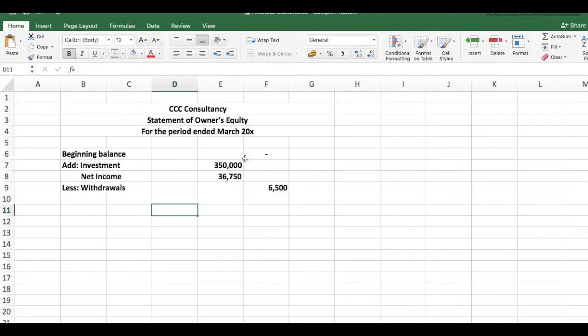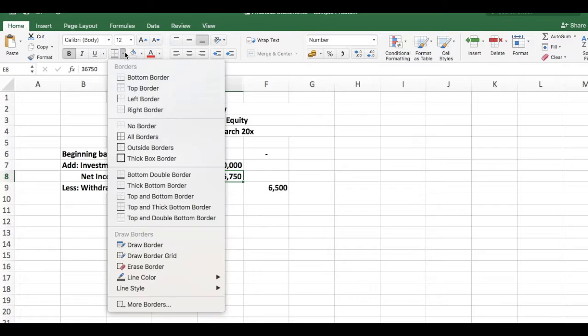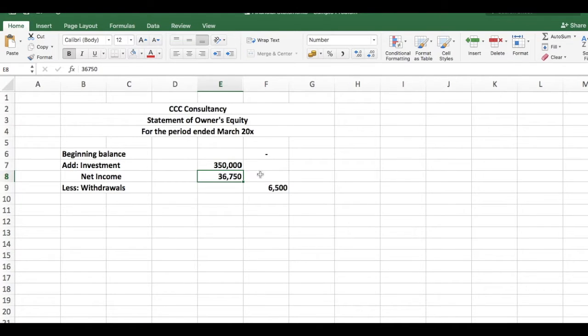Okay, now, so this is 0. So here I will add this 2. So there should be a line here, right, indicating that I have added the 2 and the total would be here, this column. So that would now be 386,750, okay, minus the withdrawal.